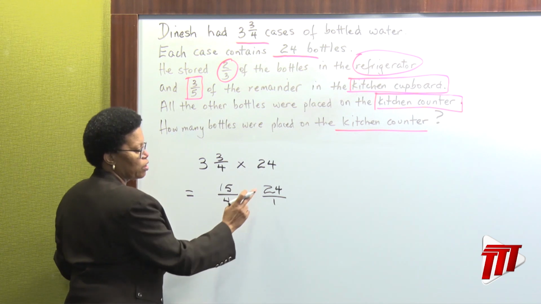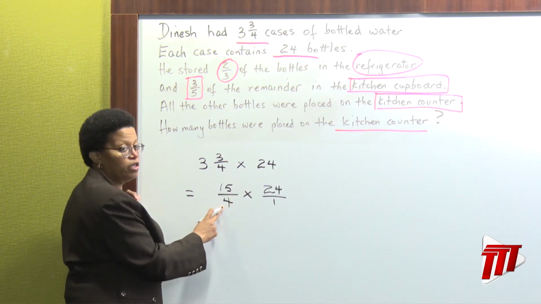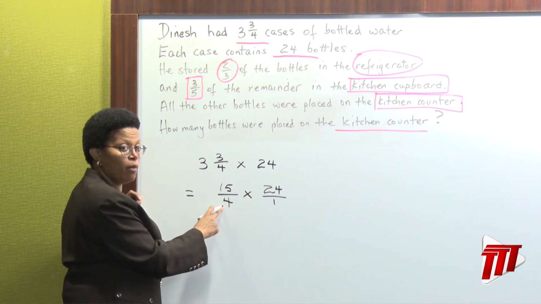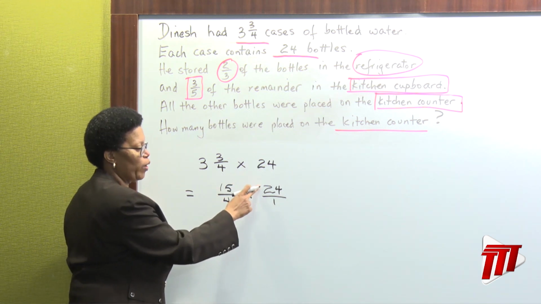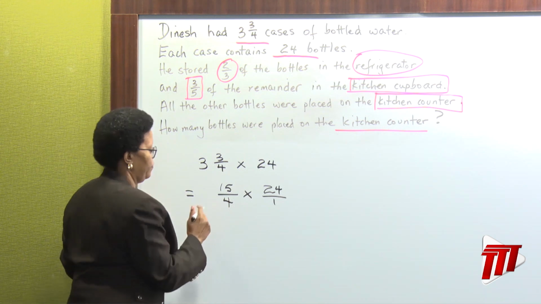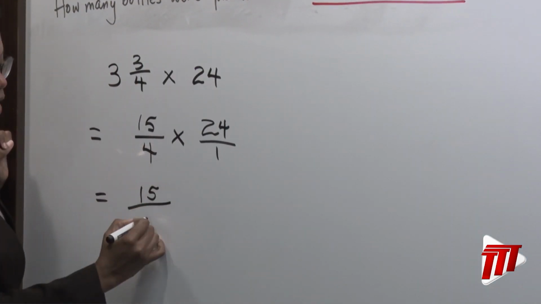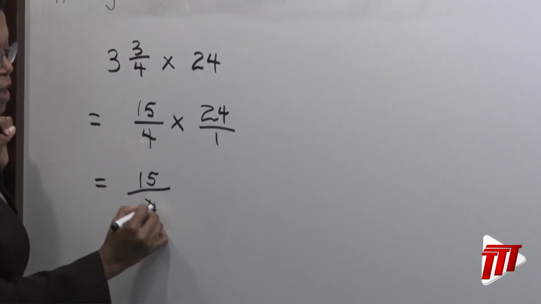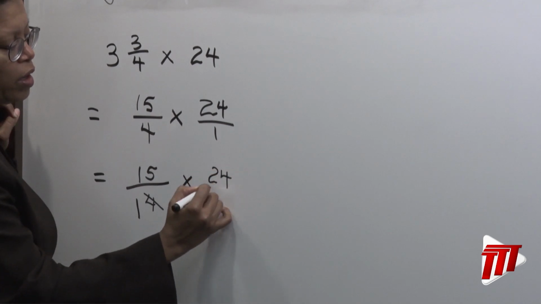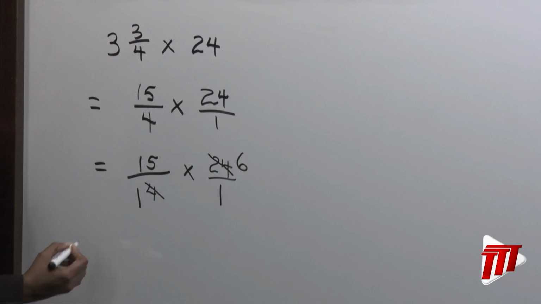We see that the numerator has the value 24, the denominator has the value 4. 4 is a common factor for both 24 and 4. We can simplify. 4 divided by 4 is 1, and 24 divided by 4 is 6.